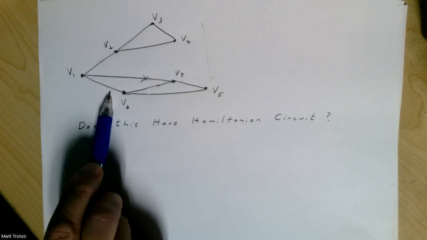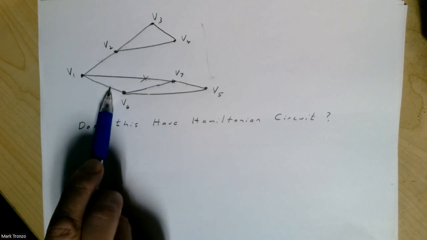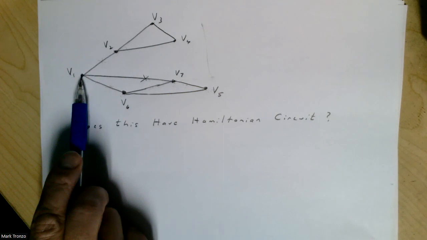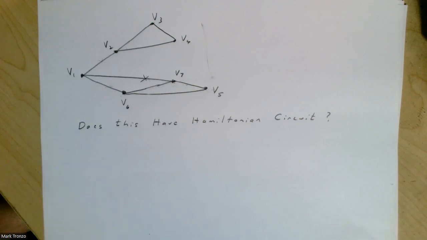But look, we can't do that either. Because if we take this one away, V1 is already down to degree 2, so we can't take that one away. And also, the graph will be disconnected. So it looks like we're stuck.